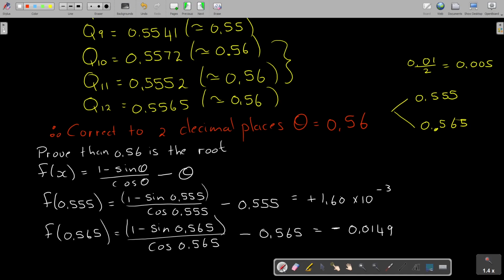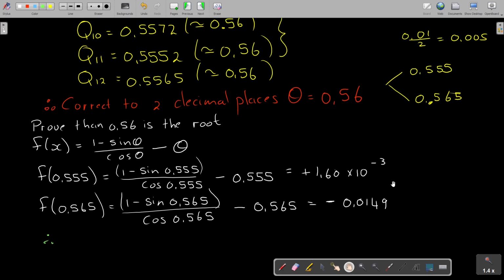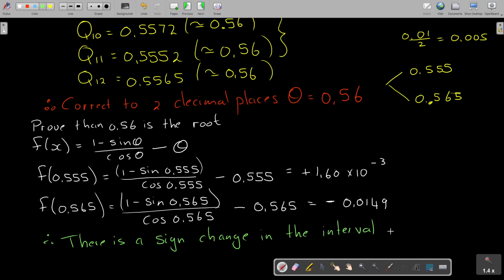And then you can just say, therefore, there is a sign change in the interval 0.555 and 0.565.